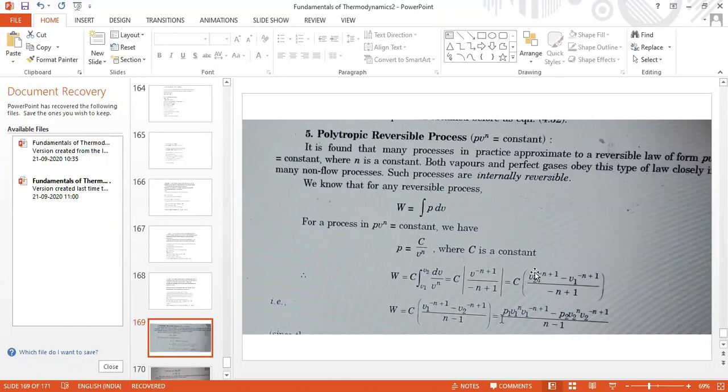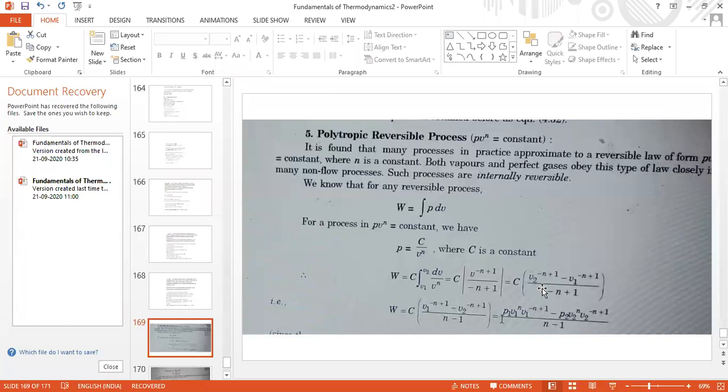And here, while the C is brought inside the brackets, in the place of V2, write down C value as P2 V2 power n. And in the place of V1, you write down C value as P1 V1 power n. But the C value remains same, whether it is P2 V2 power n or P1 V1 power n.